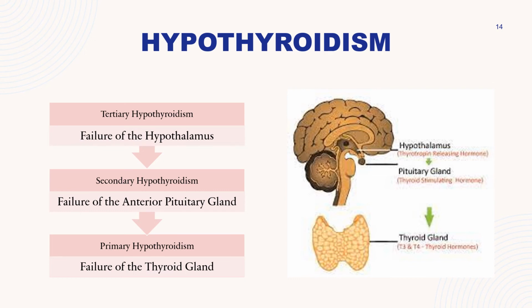And even further back in the negative feedback loop, if the deficit is a result of a problem with the hypothalamus, then we call that tertiary hypothyroidism. So you could have hypothyroidism and it not be your thyroid per se. It could be your pituitary gland. It could be your hypothalamus. Most of the time, however, it is primary hypothyroidism.